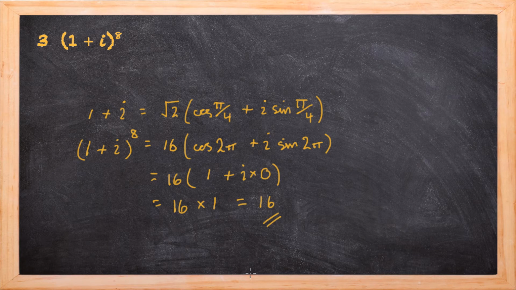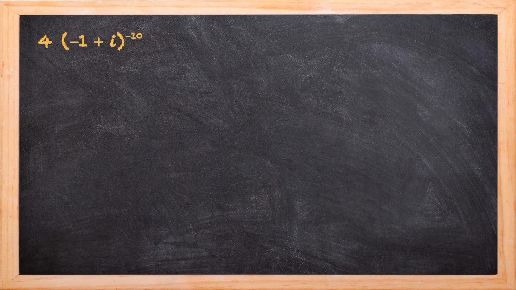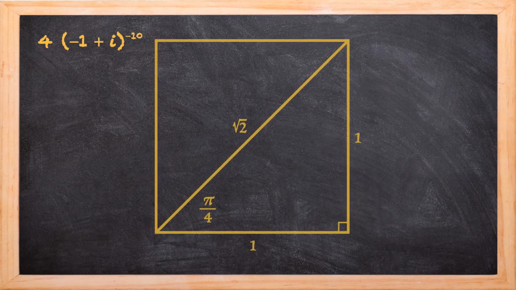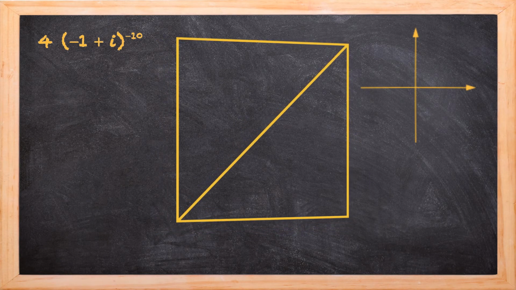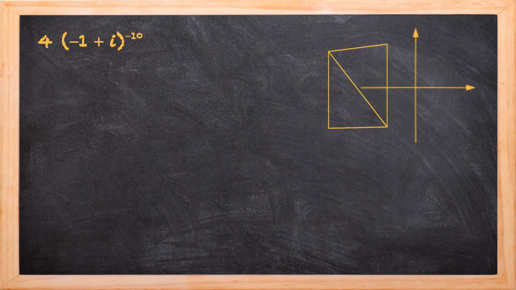So, moving on to example 4, here we have negative 1 plus i. Again, it's the half a square diagram. This time the orientation is slightly different. We'd have to flip that over. It's allowing us to go 1 to the left, negative 1, and 1 up.